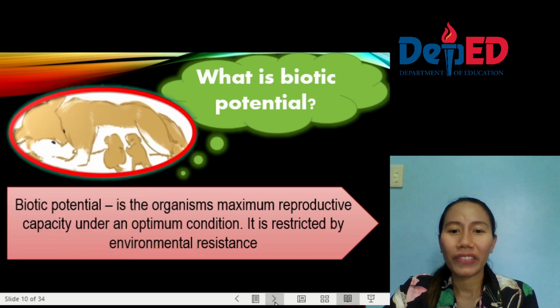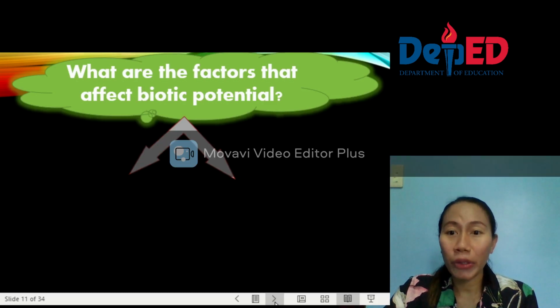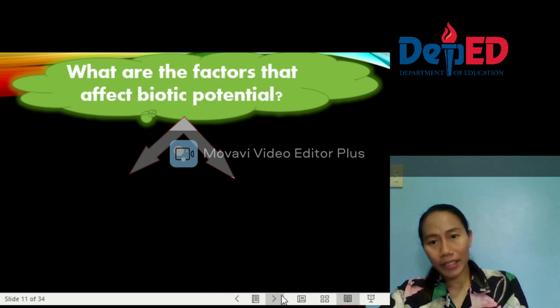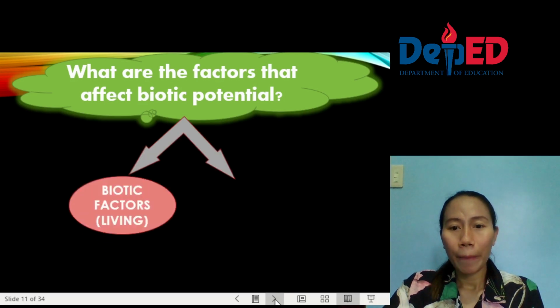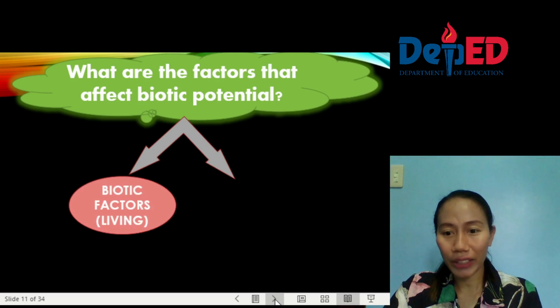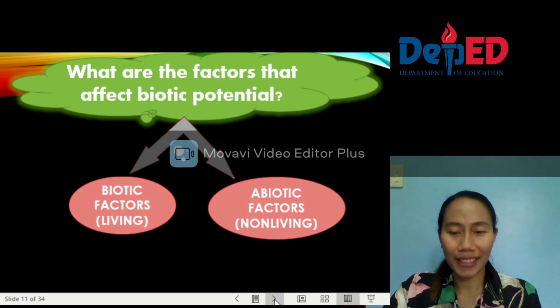Now, what are the factors that affect biotic potential? Okay, so the factors that affect biotic potential could be biotic factors or the living factors, and abiotic factors or non-living things.